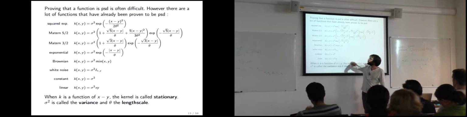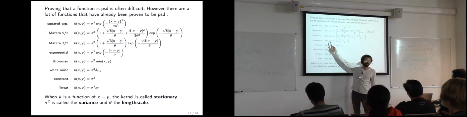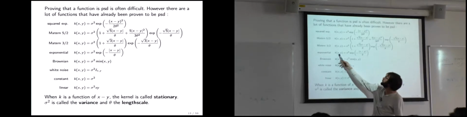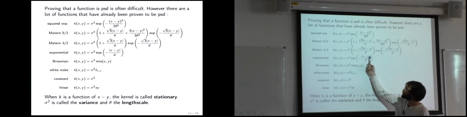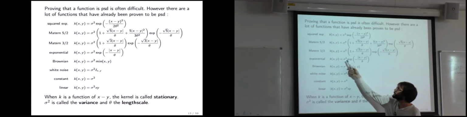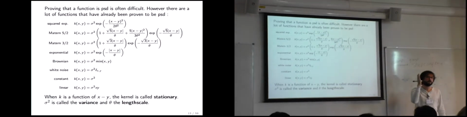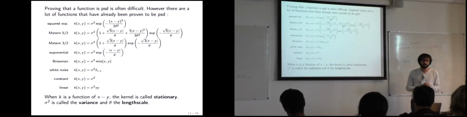Because if you compute the value of the kernel at x and x, so k of x,x, this can be interpreted as the variance of the GP at x, and k of x,x will be sigma squared times the exponential of 0, so this will just be sigma squared. So sigma squared can be interpreted as the variance of the GP at any point of the input space.